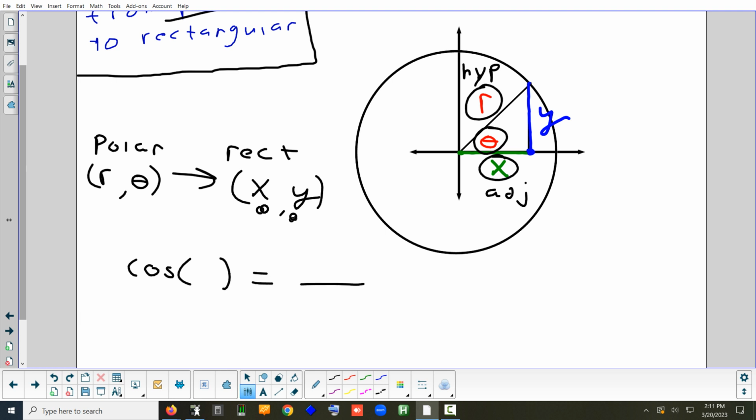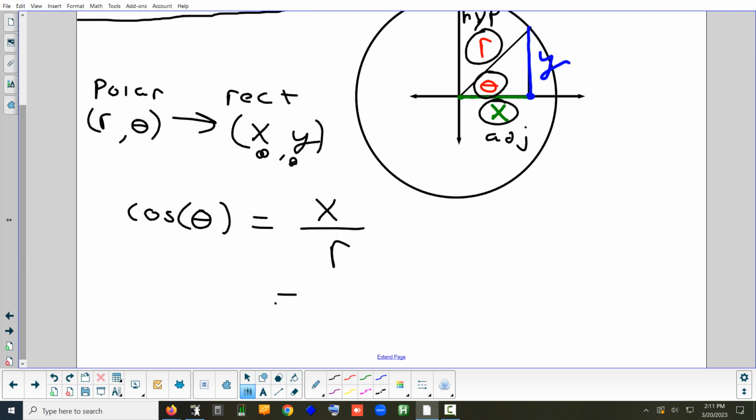Okay, let's fill that out, and then we'll figure out our formula. Okay, cosine of what's the angle that I'm using here? Theta. Equals adjacent over hypotenuse. X over r. And the goal is to get a formula for x.